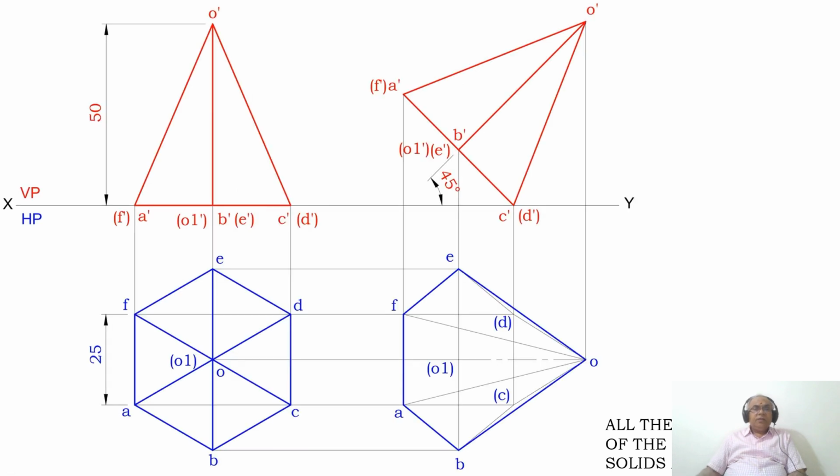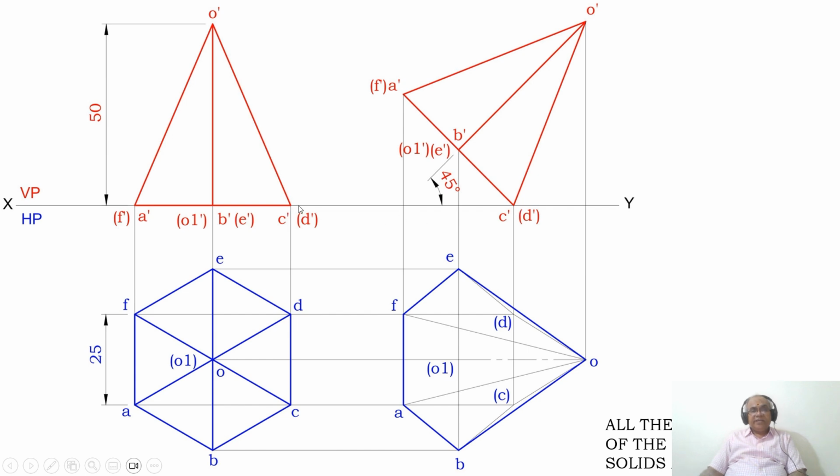Now, as you see that one of the edges is resting on HP, you make that edge, which is perpendicular to VP in the top view. So this CD is the one which I am resting on HP.